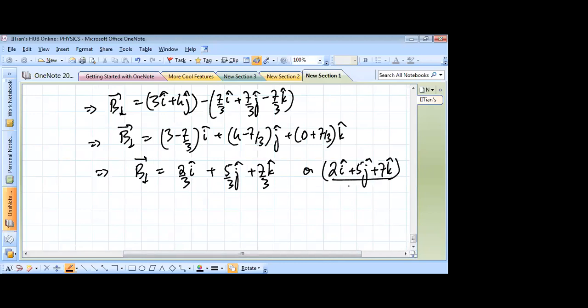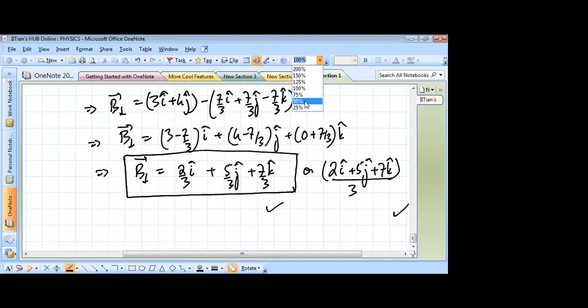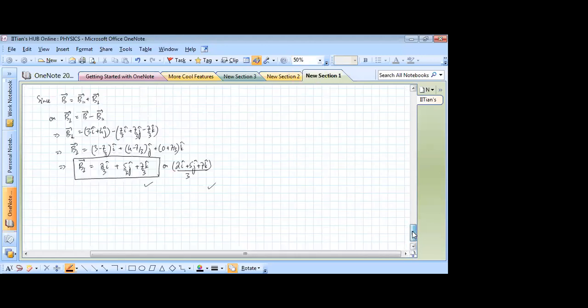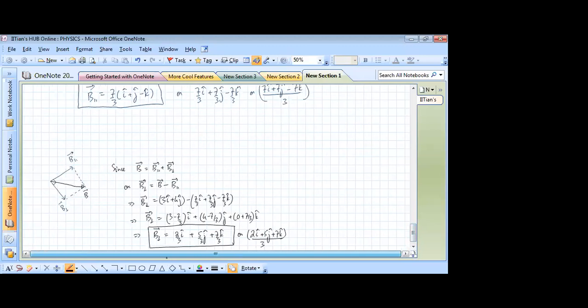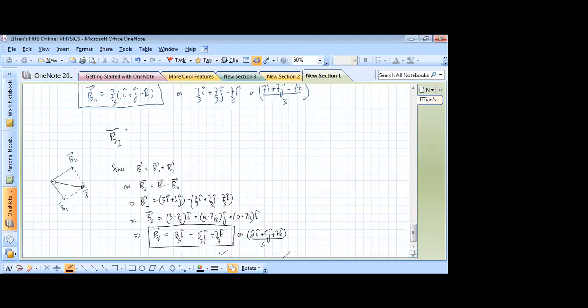So whichever way we want to express it, this becomes the final perpendicular component. Okay, so this is how we find out the perpendicular component in vector form.